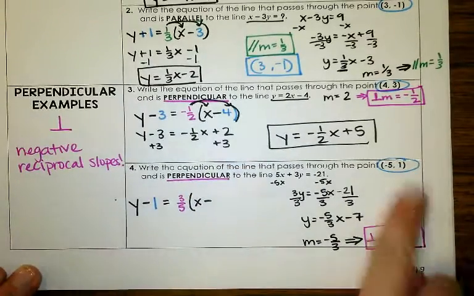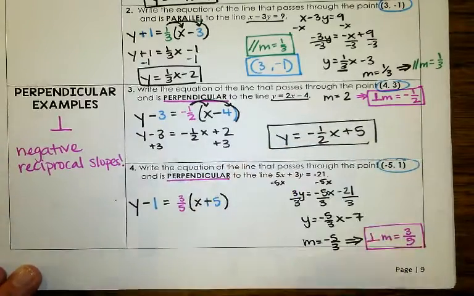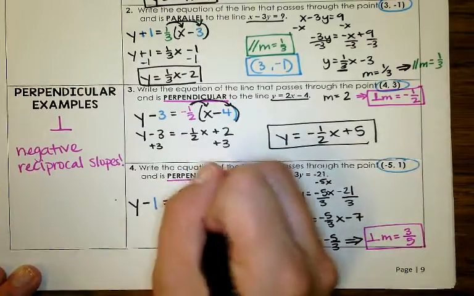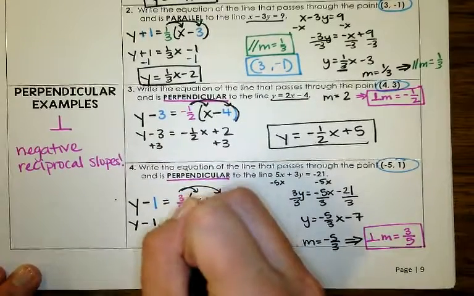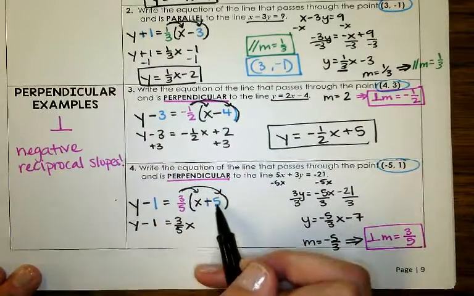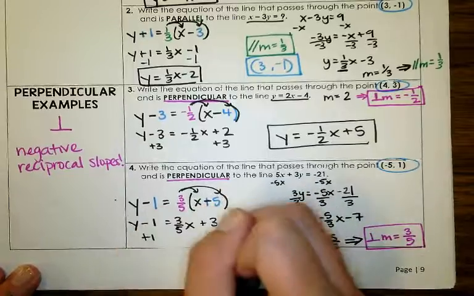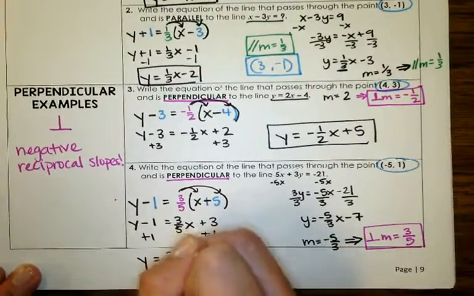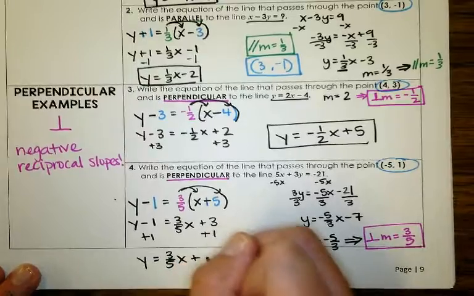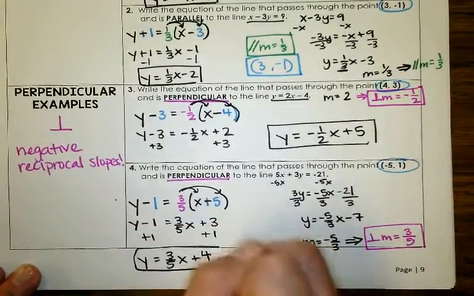Then we distribute. We have y minus 1 equals 3/5 x. 3/5 times 5 is plus 3. Then we add 1 to both sides, and we get y equals 3/5 x plus 4. So this would be our line that would be perpendicular. Do you guys feel pretty good about these?